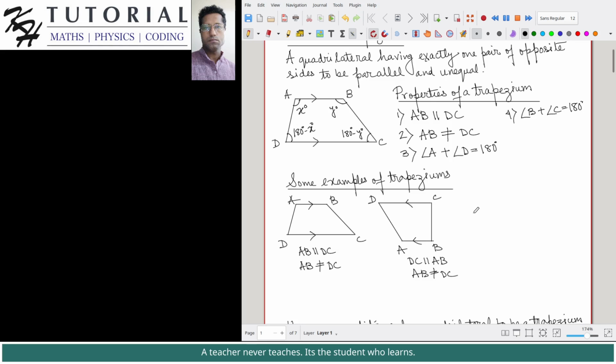Let's say we have two opposite parallel, unequal sides. One is XY, let's say this is XY, and let's say the other is WZ. So now we connect YZ and WX to form the other sides.